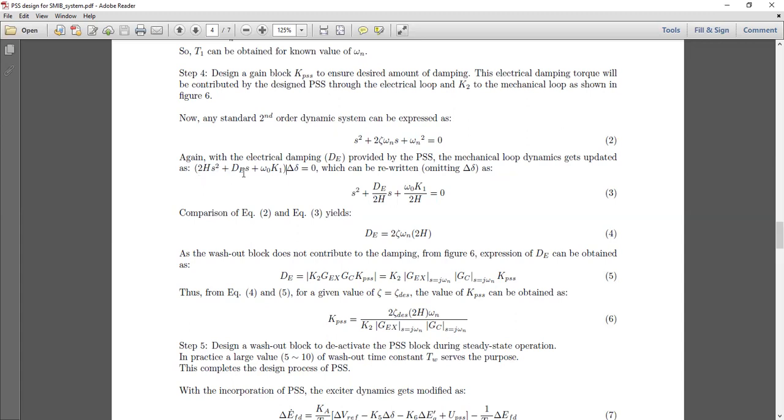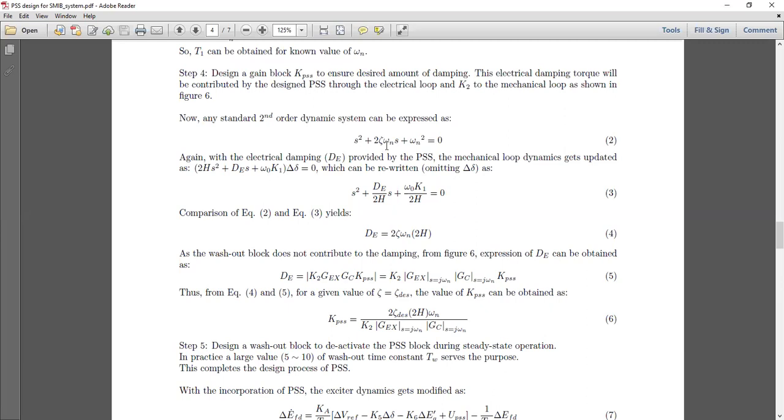It can be made identical by making the coefficient of s square equal to 1, so we divide the whole thing by twice H. Now it is s square plus DE over twice H into s plus omega 0 K1 divided by twice H equals 0.